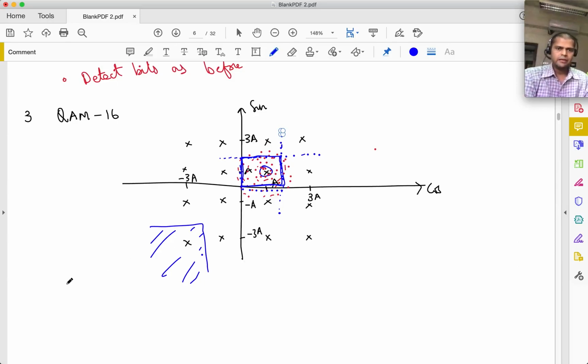So, of course, in practice, before that, how many bits can you send on each of these constellation points? Since you have 16, you have 2 to the power of 4 points. So I can send 4 bits of data with each constellation point.